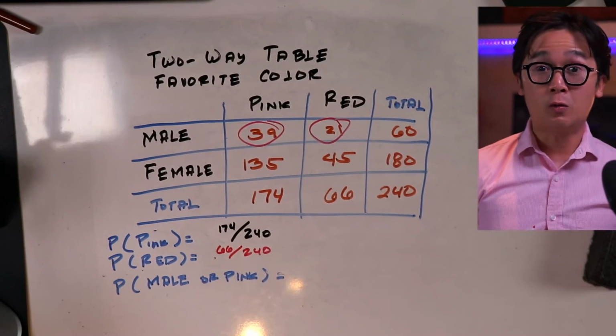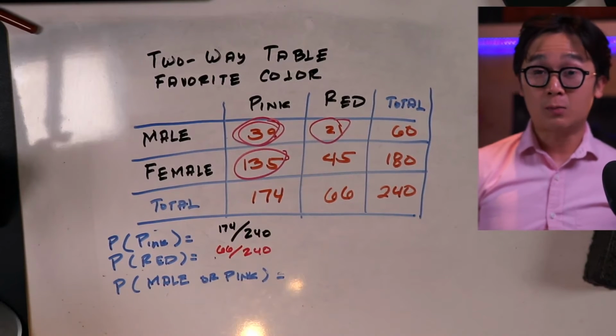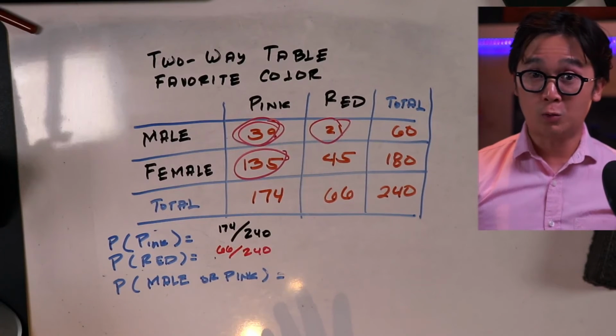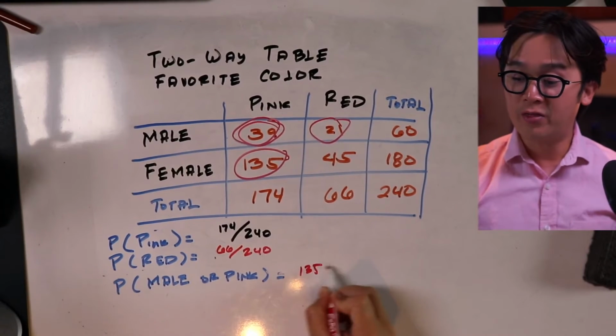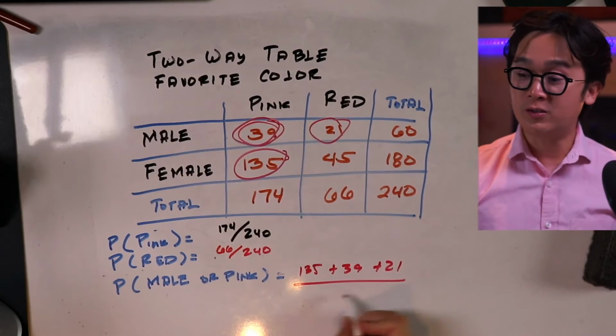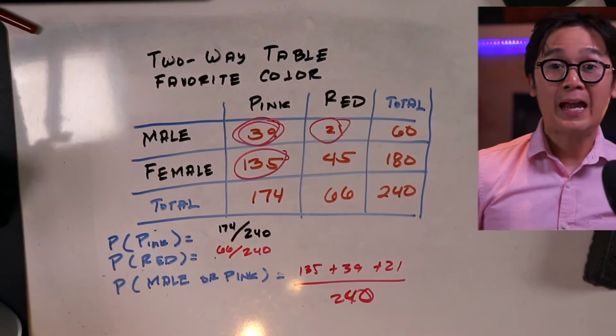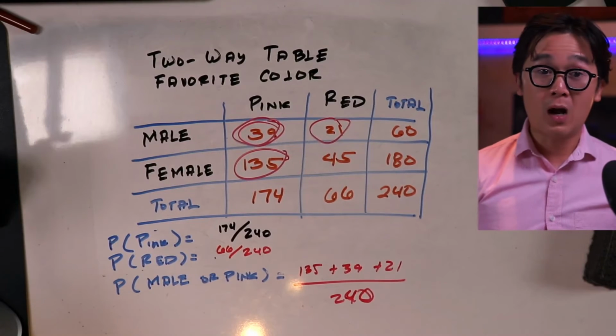And for students who like pink, we have 39 and 135. So to find its probability using the probability rule of addition, we have 135 plus 39 plus 21 all over the total number of students, 240. And this will be our answer for this type of probability question.